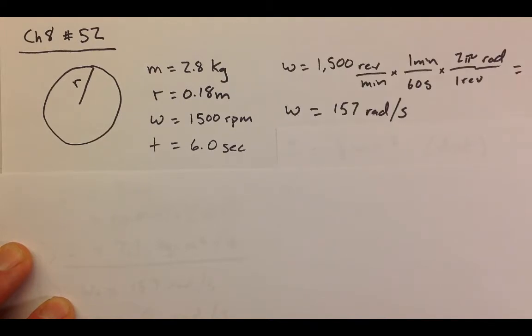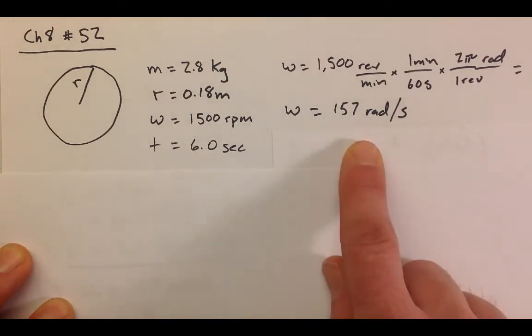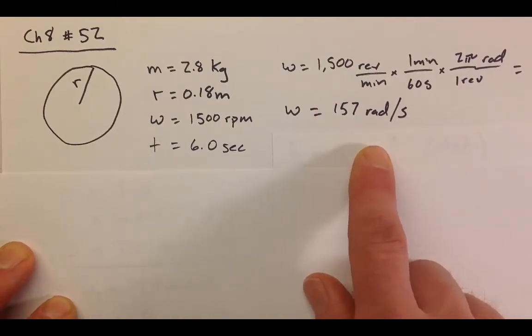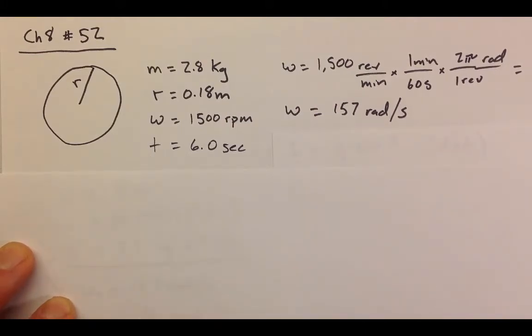I really like converting things to radians. You will never be wrong when you use radians. For angular stuff, it's your go-to safe unit. So I'm going to convert revolutions per minute (RPM) into radians per second because that's the safe way to do it.